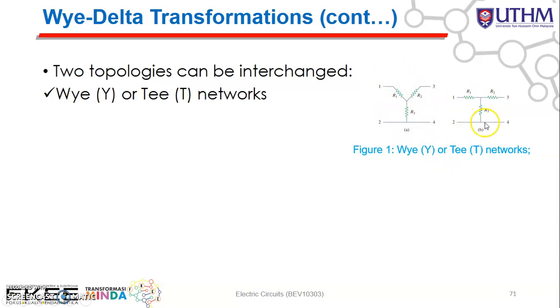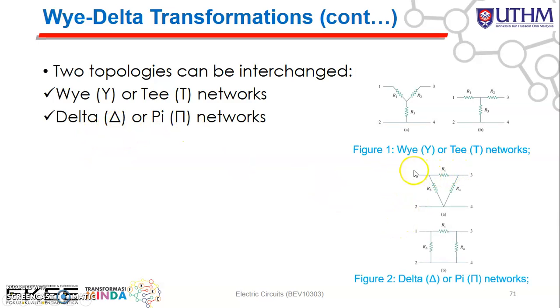It can also be written in this form, and these two are equivalent to each other. The other topology we call the delta network or pi network. This circuit represents the delta network, where RA is connected to RB connected to RC in this configuration, and it can be redrawn as a pi network like this. Both of these circuits are also equivalent to each other.